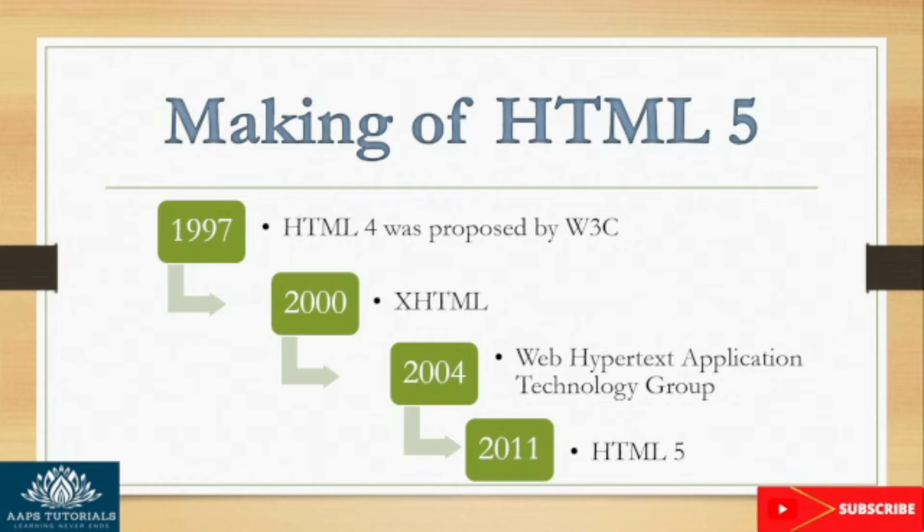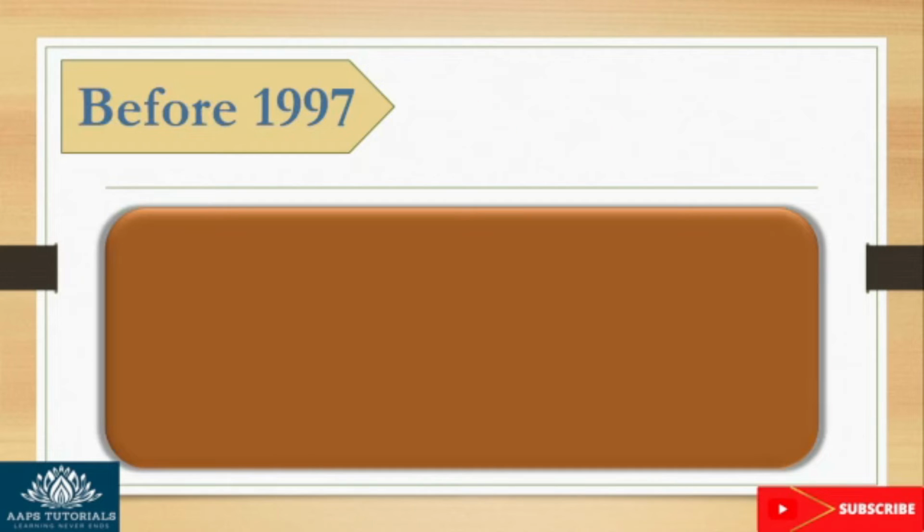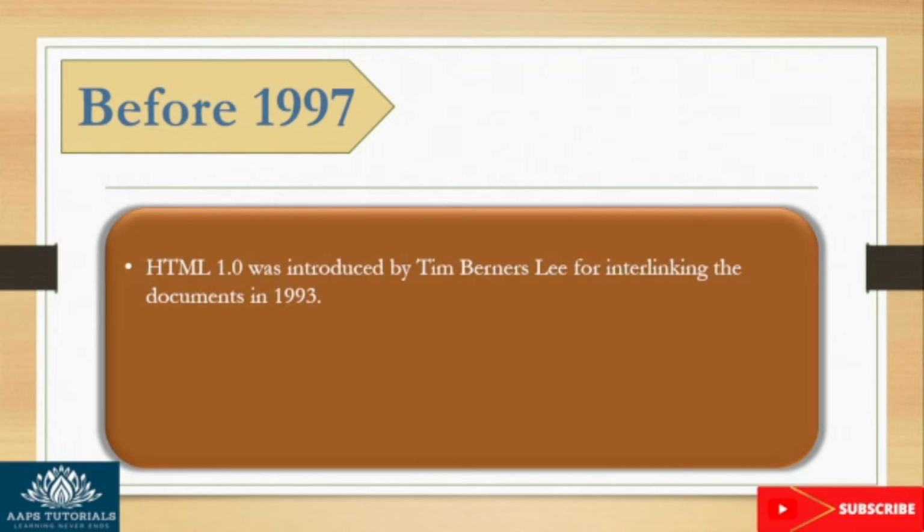Then, in 2011, we got the latest version of HTML, which is HTML5, which was the final decision of W3C as well as the Web Hypertext Application Technology Group. So let's dive into a detailed history of each year to know some more points about HTML.